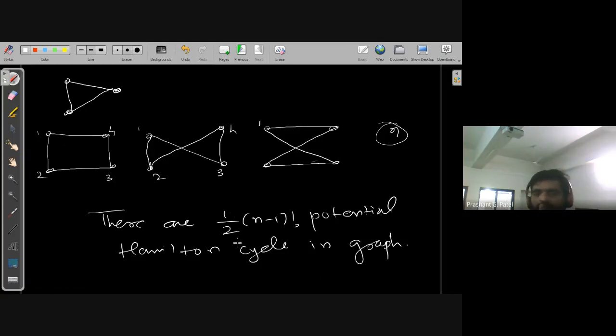So this quantity multiplied by d by n will be the expectation for having a Hamiltonian cycle. So that means expectation of X, we will have it as 1 by 2 into (n minus 1) factorial into (d by n) power n.